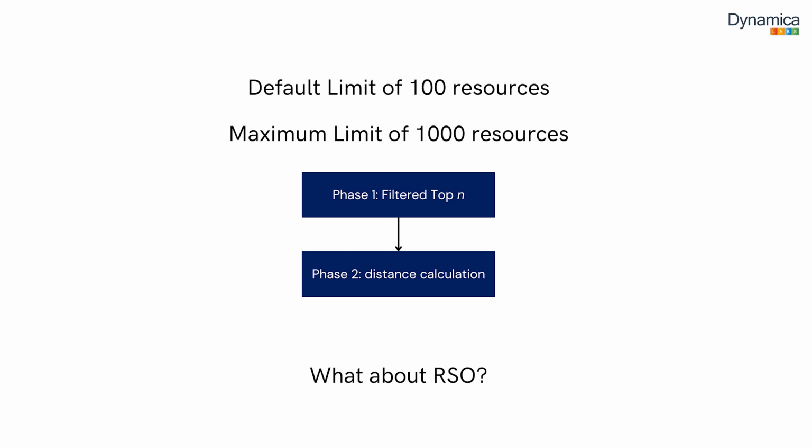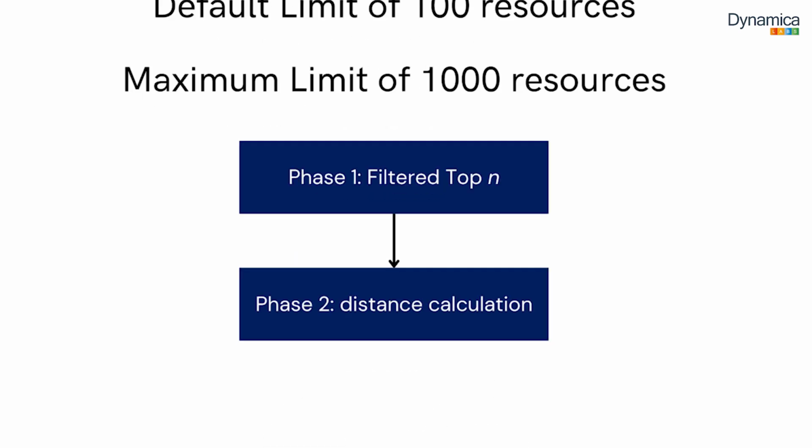But how does it work now? It is divided into several phases. The first phase involves setting parameters to specify the required resource. The system then provides a list of the top N resources, which you configure based on your needs. For example, if we set a maximum of 1,000, it will return resources that match the characteristics, location, and so on.